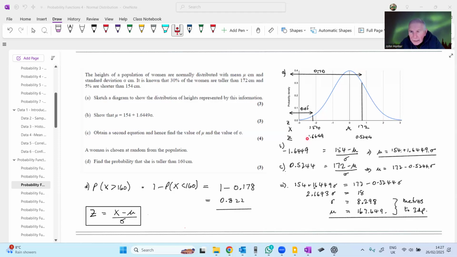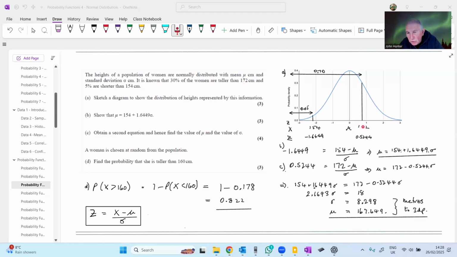And then what it's saying is, kind of buried in what I've got here, the values of our random variable, so 154. So here we're putting this 154 here. There's this vertical line here, and this area underneath, I've denoted it by this arrow. This area underneath is 5% of the curve. And then we're saying that 30% of the women are taller than 172.